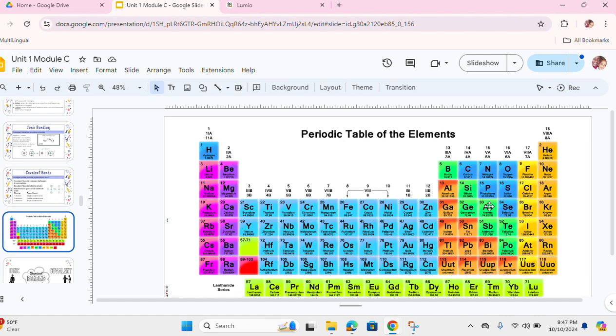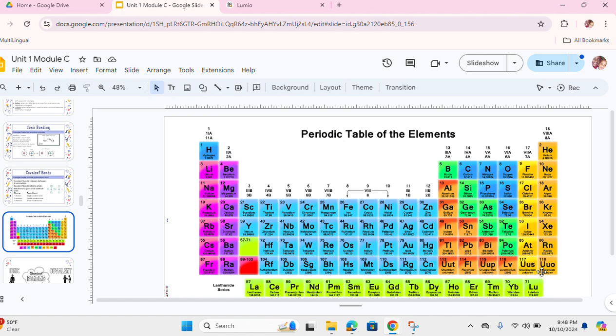Nitrogen, phosphorus, arsenic have 5. Oxygen, sulfur, and selenium have 6. Fluorine, chlorine, bromine, and iodine have 7. And the last column here all have 8. These are known as noble gases.